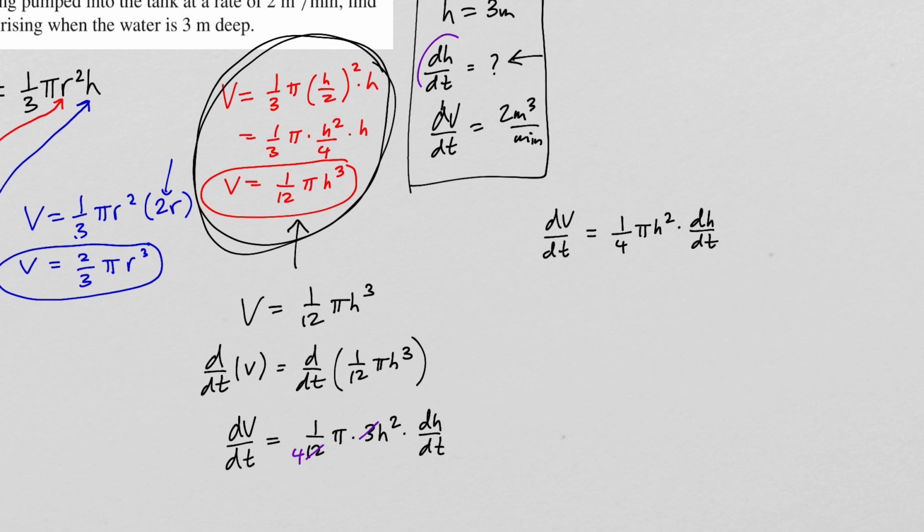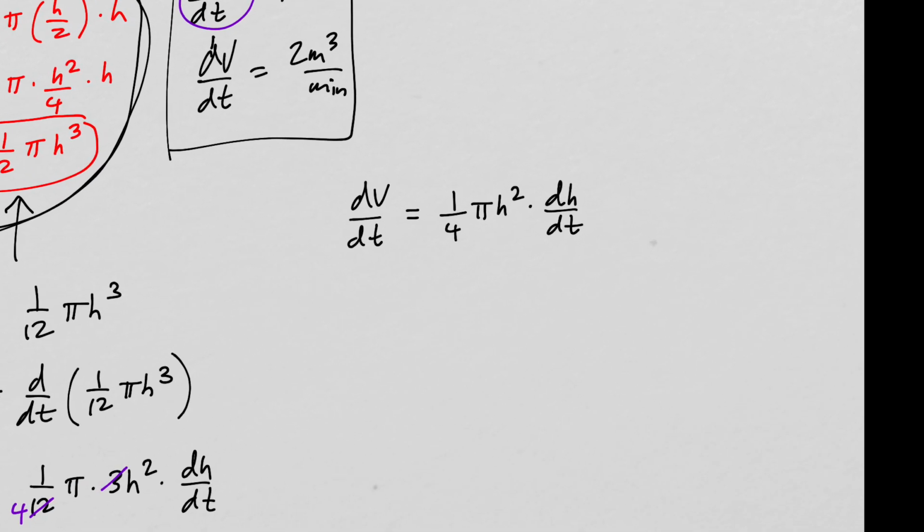Now, they are asking about dh/dt, so we need to solve for dh/dt. To do this, I'm going to multiply both sides by 4. This will cancel this, and we get 4 times dV/dt is equal to pi h squared times dh/dt.